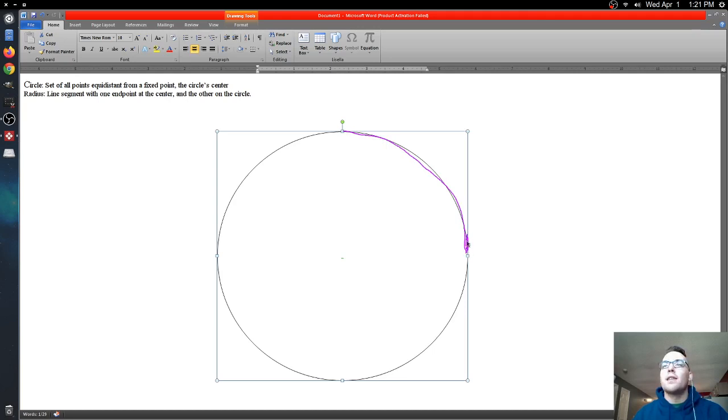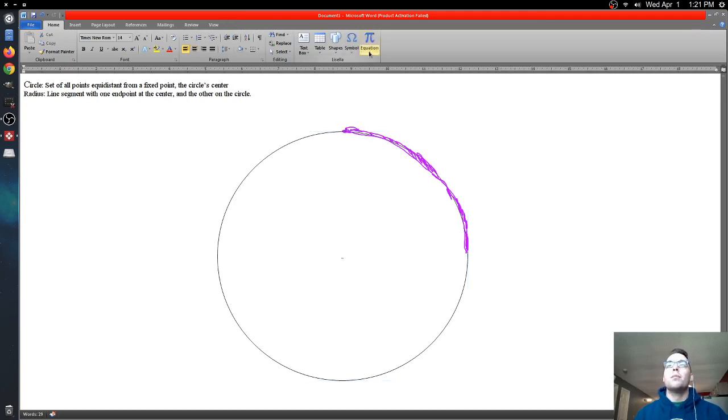Now, the little guides that Microsoft Word threw in here actually really help, because you can tell just by looking at this that I've traced out exactly 1/4 of this circle. And again, if I said, call this A, call this B, I could talk about how big that arc is, because obviously arc AB, the minor arc, is a lot smaller than the major arc AB. Well, exactly how big is arc AB?